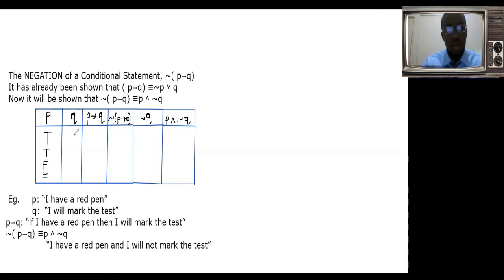Then for Q, we're going to have true, false, true, false, true, false, true, false.